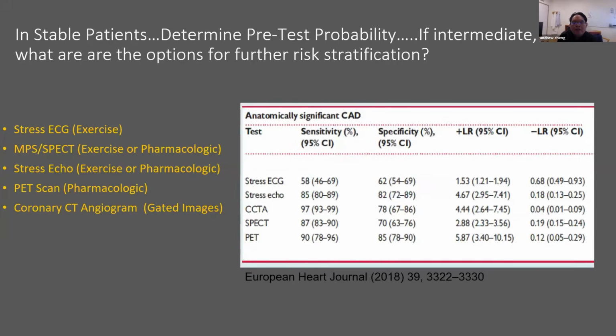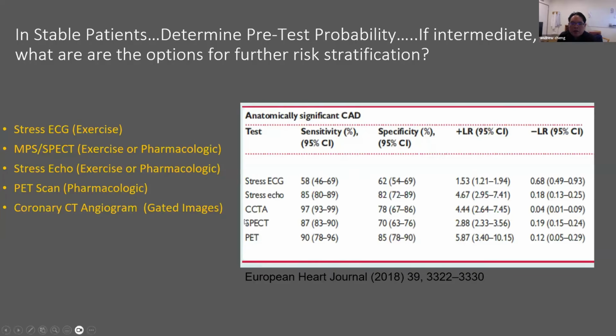If you look at the sensitivity and specificity of these tests, the plain old treadmill stress test is actually the least sensitive and the least specific. In general, we don't recommend it unless they're in the low intermediate pretest probability range, and they need to be able to exercise and have an interpretable EKG.